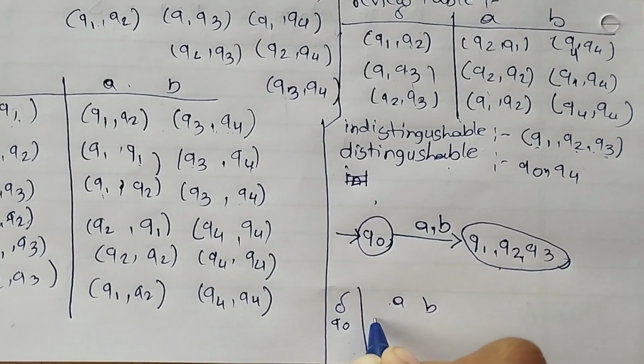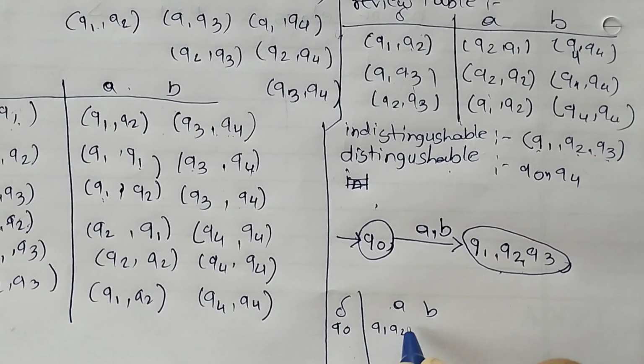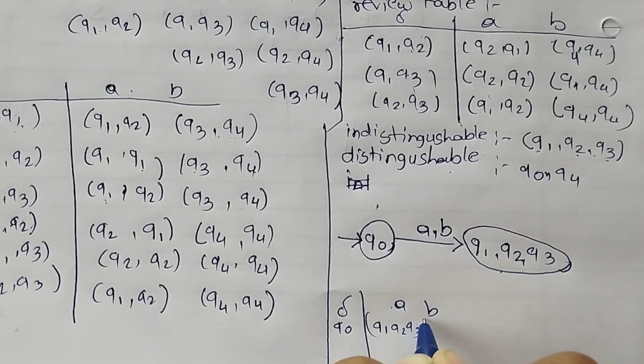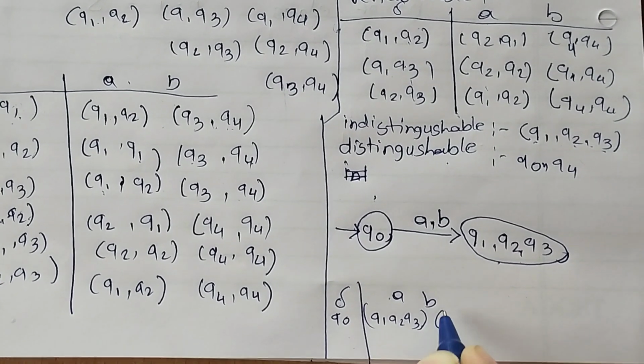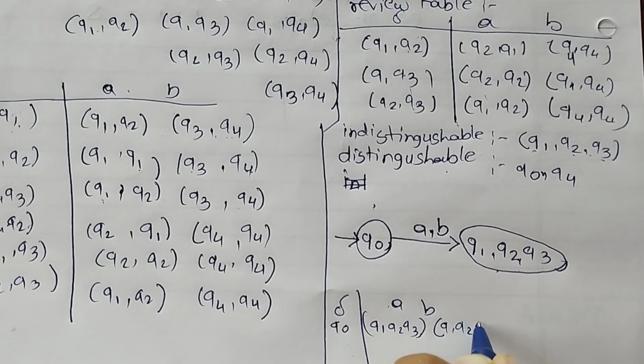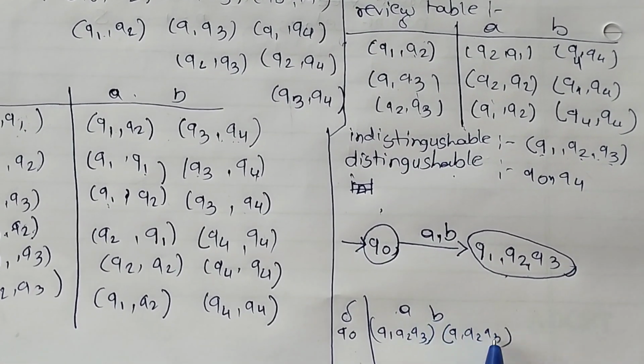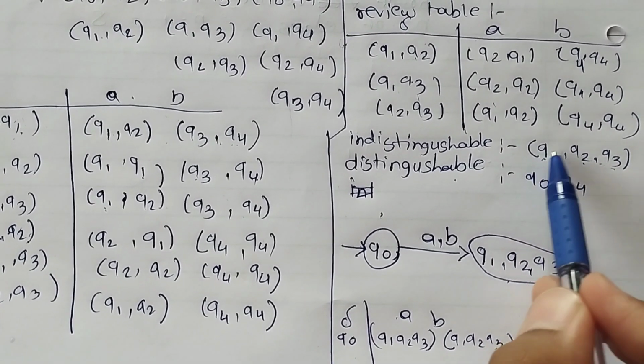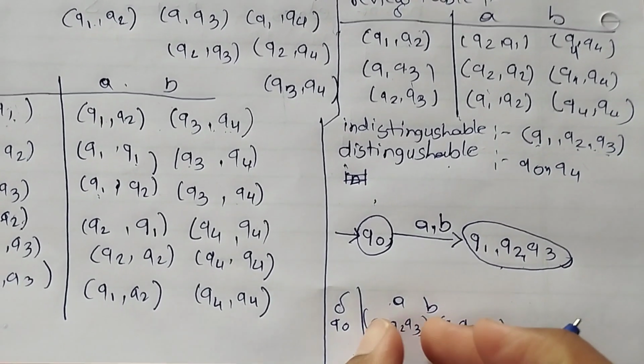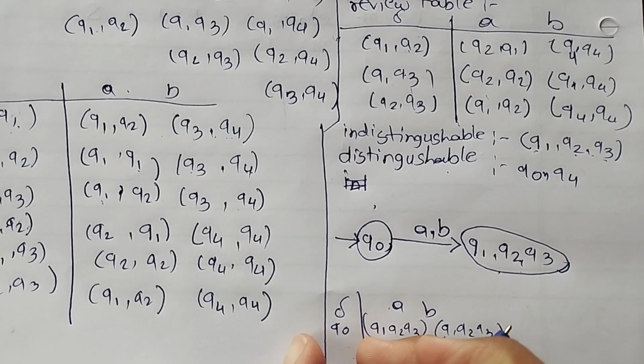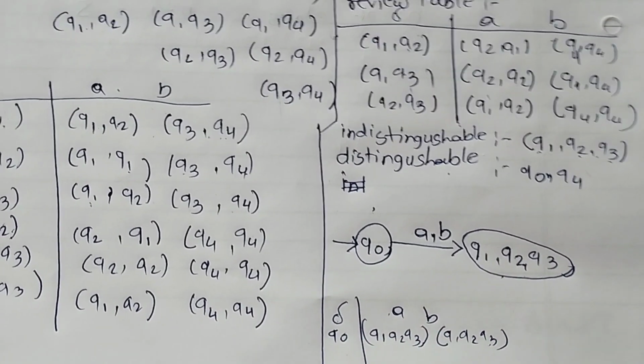Q0 reads A, B in Q1, Q2, Q3. B also goes to Q1, Q2, Q3, because B reads in Q3 and Q3 is paired with Q1, Q2. Now this state we assume as our single state.